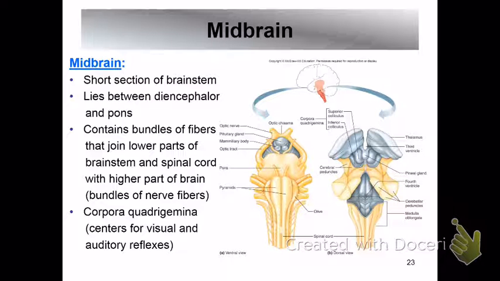Those first couple bullets just tell you where it is. Contains bundle fibers that join lower parts of the brainstem to the spinal cord. But that table at the end, it's on slide 28, says, contains reflex centers that move the eye and head, maintains your posture. So it helps you move your eyes, helps you do posture. So maybe write that in.